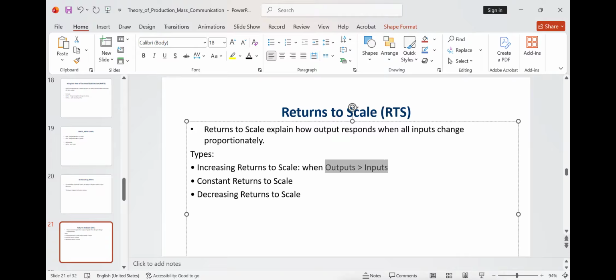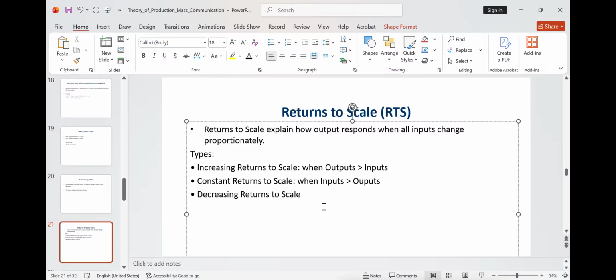But when inputs are greater than outputs, that means what you put into production is more than what you receive. The effort you put in is more than what you get from it.